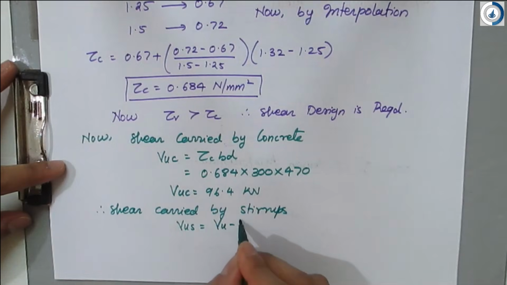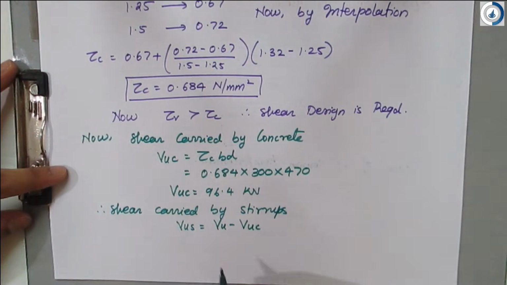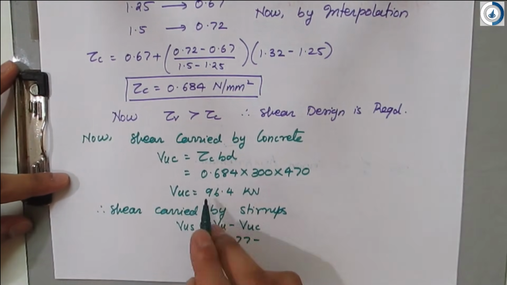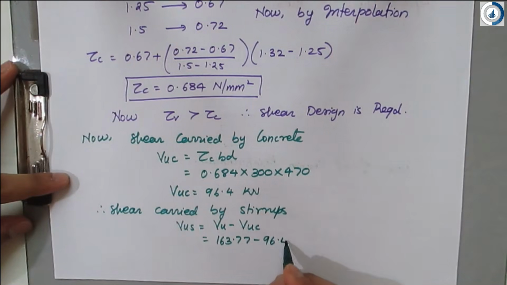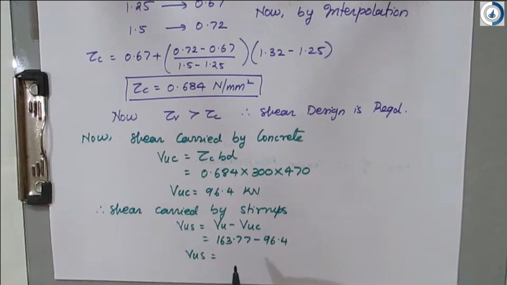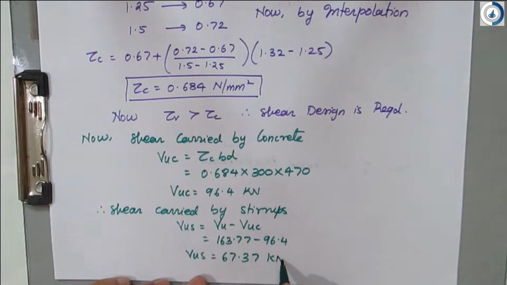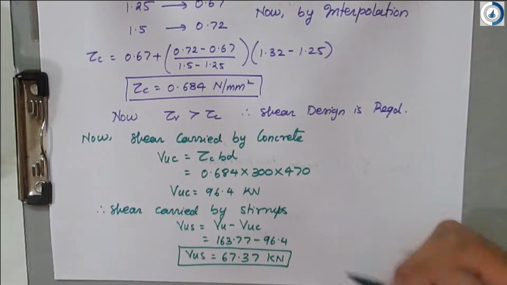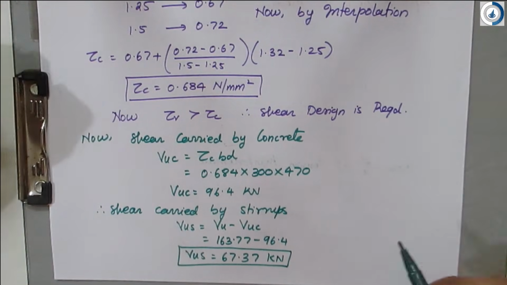Complete VU minus VUC. This VU value was 163.77. From that you have to subtract 96.4. So VUS you will get as 67.37 kilonewton. So this is the shear to be carried by stirrups. Okay, this is how you have to calculate the values.